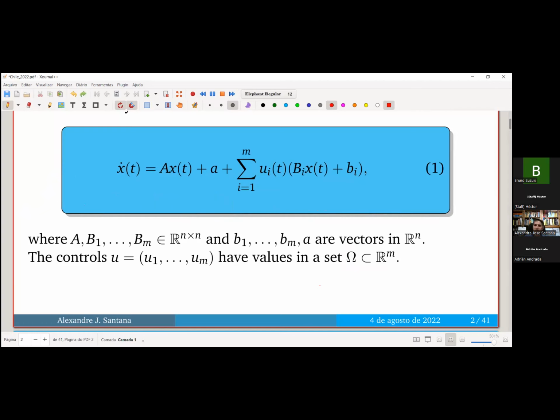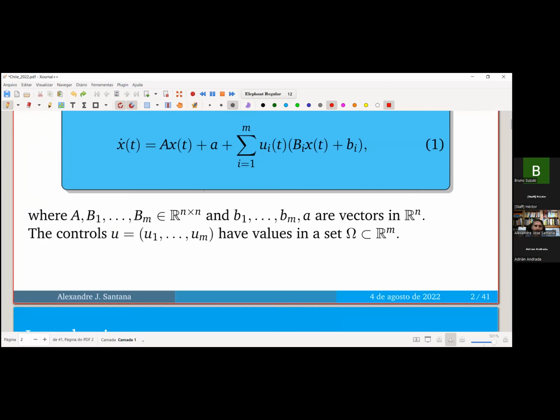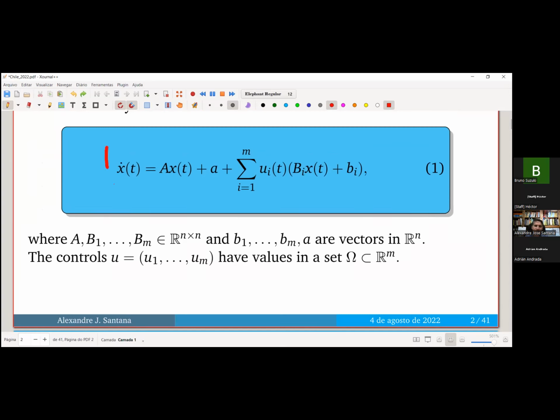So this is the idea of controllability in this case. This kind of system is called an affine control system in our context. And if you consider this matrix and this vector also 0, we will have the homogeneous control system associated to this affine system 1.